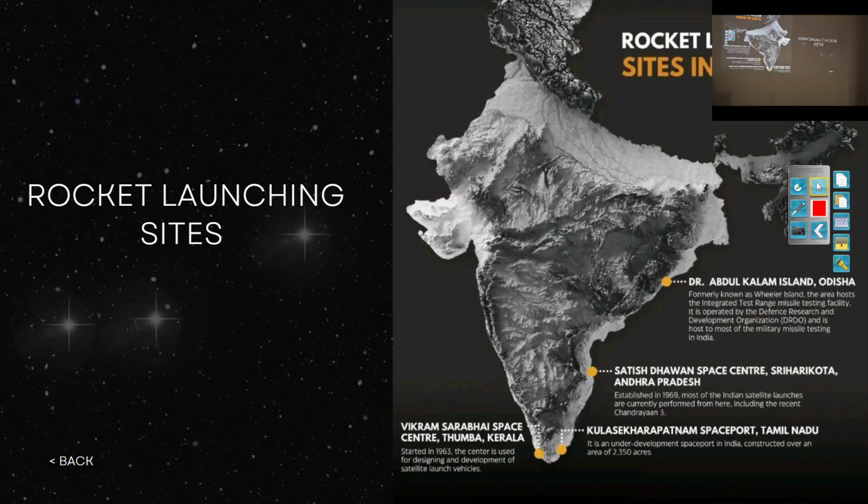Why they are using these particular locations is, one, it is closer to the equator, so it will have an initial push to take it to the orbit. And suppose the satellite fails, it can fall into the ocean. So it will not fall onto land where it can cause destruction.